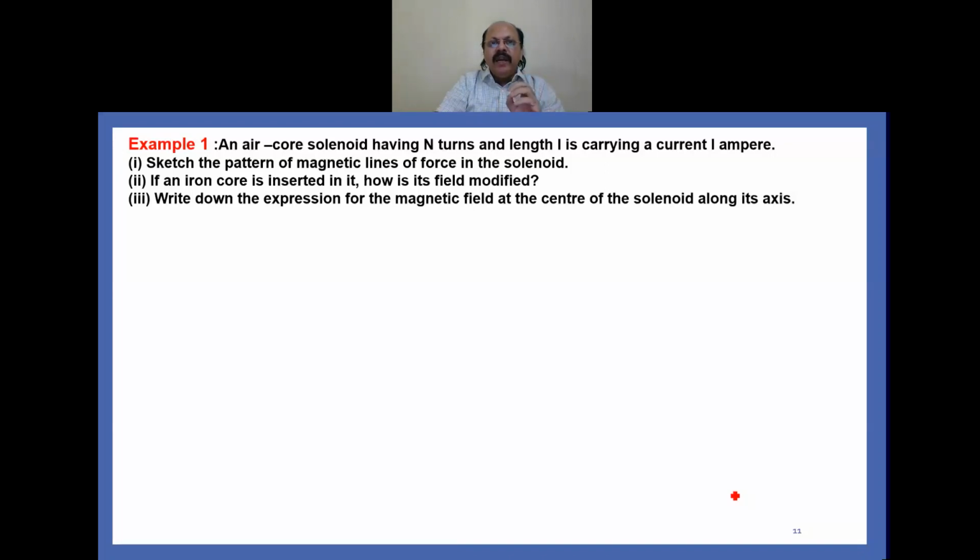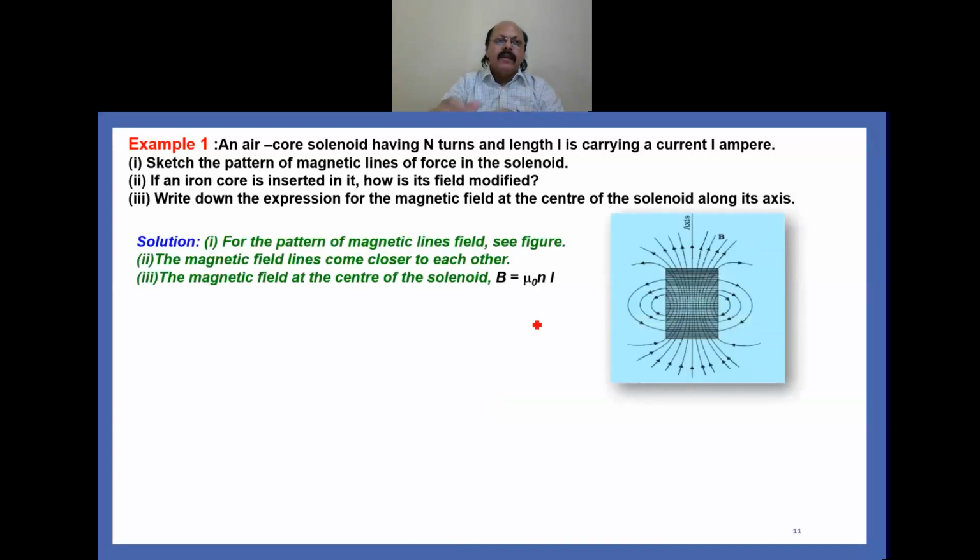The closer the magnetic field lines, the stronger the magnetic field. Third point, write down the expression for magnetic field at the center of the solenoid along its axis. Just write B equal to mu naught n I. So you see here the answer of all three parts which I just explained.